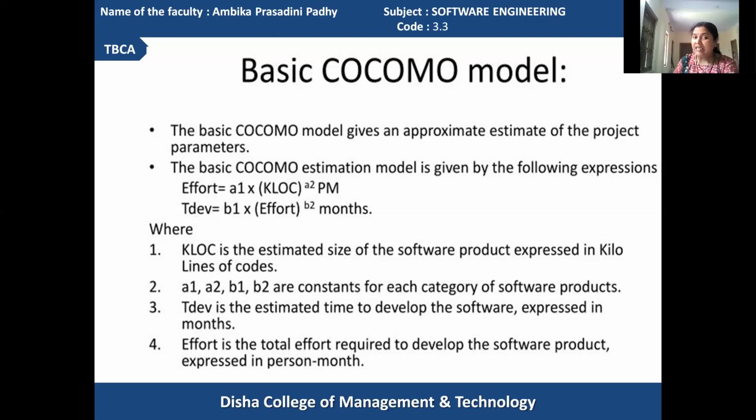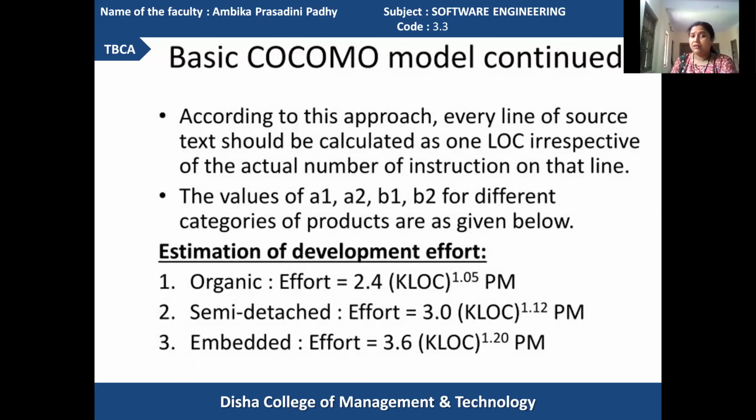The term TDV is the estimated time to develop the software, expressed in months. Got it? Then effort is the total effort required for the software product to develop, expressed in person-months. Got it? Now come to the basic COCOMO calculation.